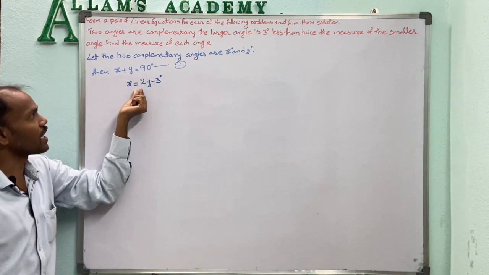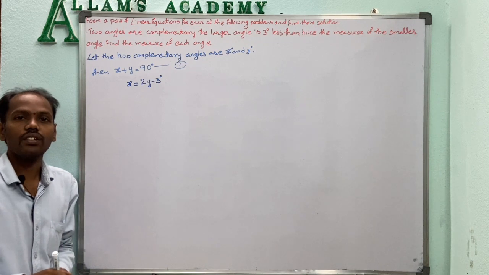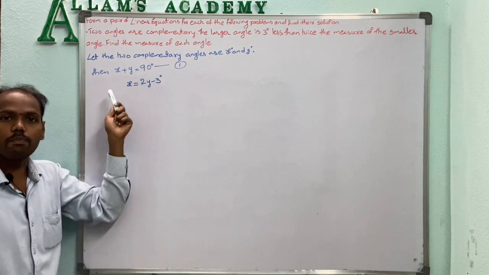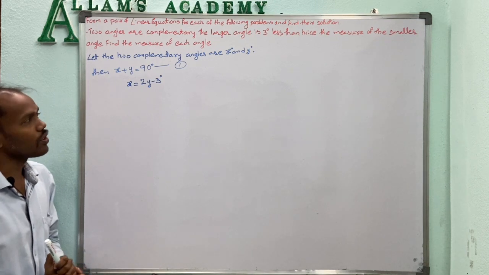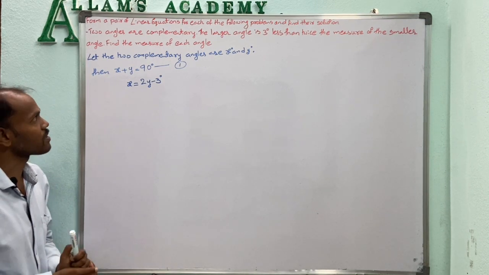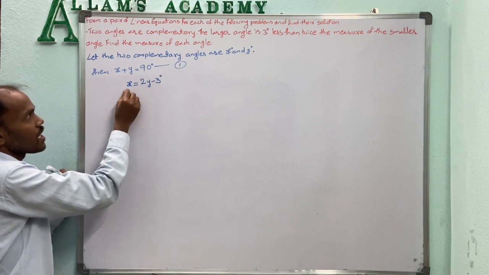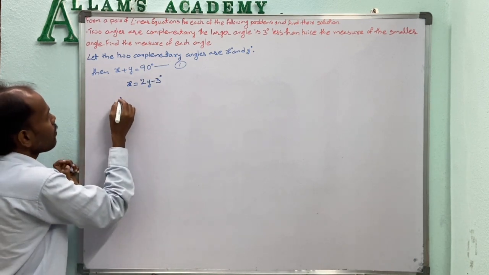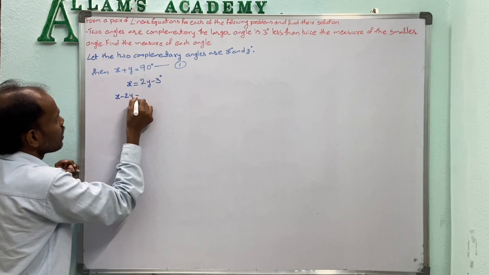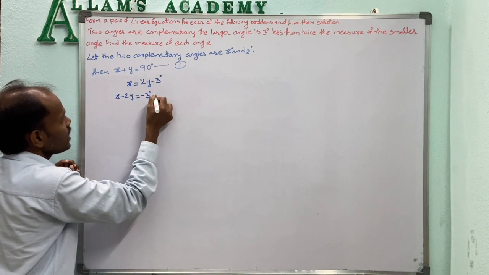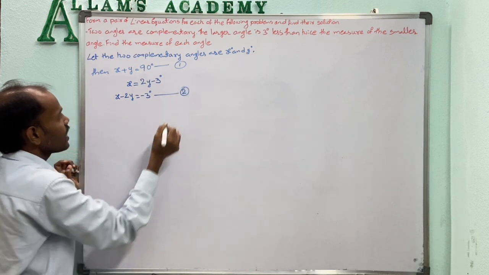Now here we get the two equations. Now we solve this problem through the elimination method. For solving, transferring this plus 2y to this side, x minus 2y equals minus 3 degrees. It is the second equation.